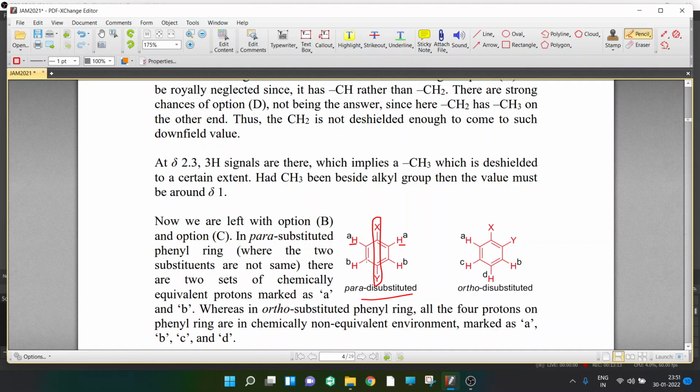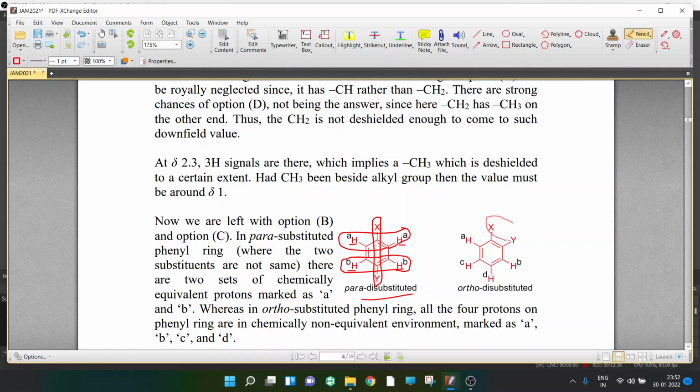If I come down H, I come down H, and then I come down here again I find a carbon which is attached to Y. Similarly, these 2 hydrogens are identical. So very clearly this should be the answer because here 2 protons have an identical chemical environment. Similarly, here also 2 hydrogens are in a chemically identical environment.